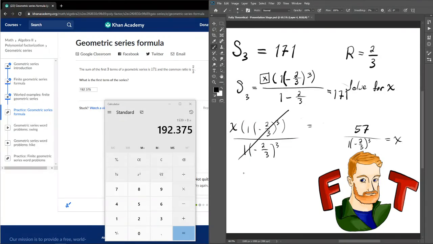So is it 1 minus 8 over 27, or is it 1 times negative 8 over 27?